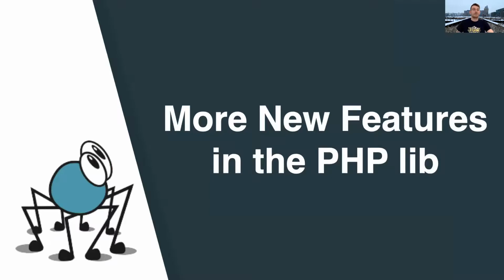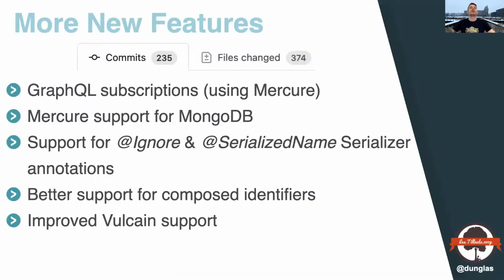There are many more new features that have been added to the API Platform PHP library. For instance, there is now support for GraphQL subscriptions, because API Platform also supports GraphQL. It uses under the hood the Mercure protocol. There is support for Mercure in REST or with GraphQL when you are using MongoDB instead of a relational database.